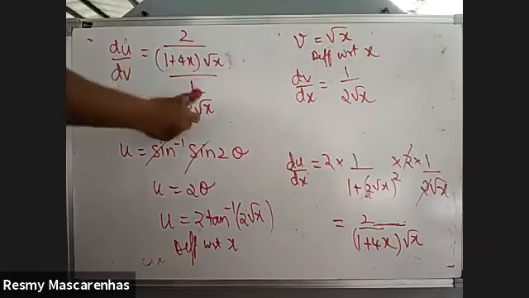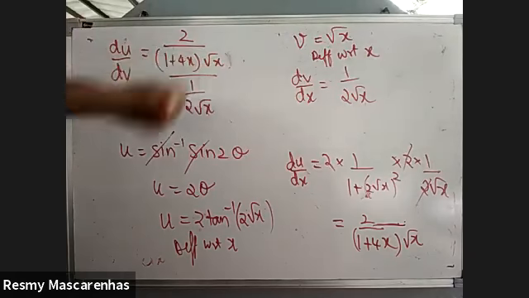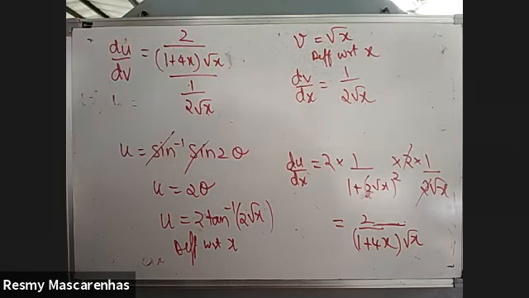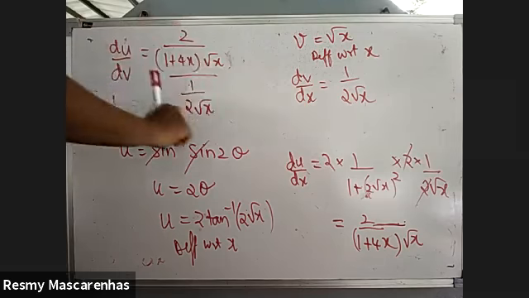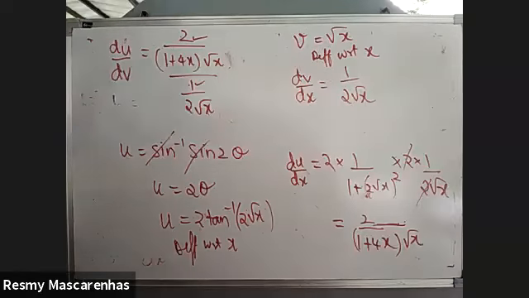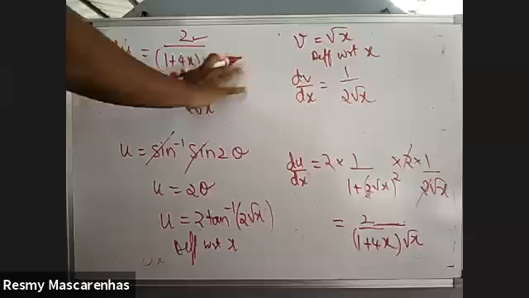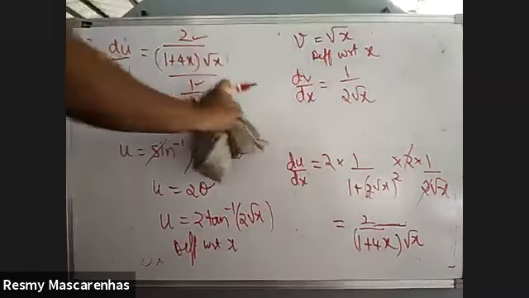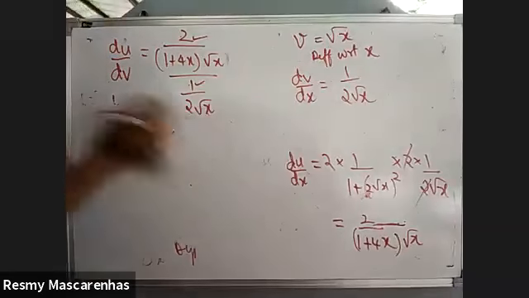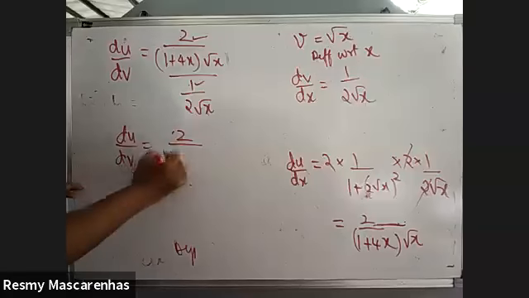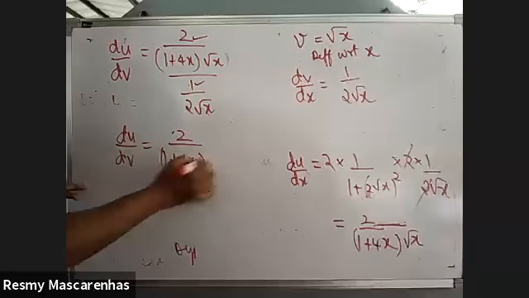Now either you can cancel alternate. This and this is alternate. You cannot cancel this 2 and this 2. Only alternate lines you can cancel, if something is there within this line and this line. Otherwise, the best option is like this. So this will be 2 upon 1 plus 4x into root x.